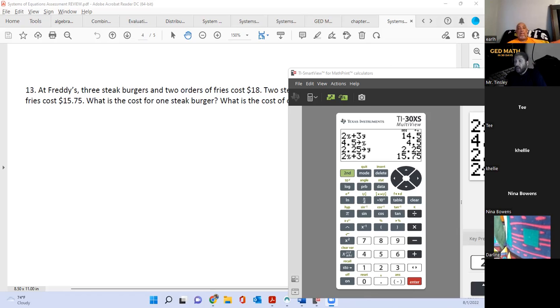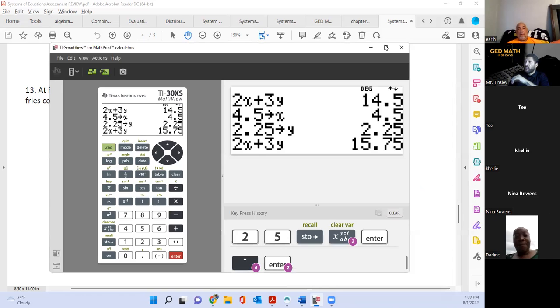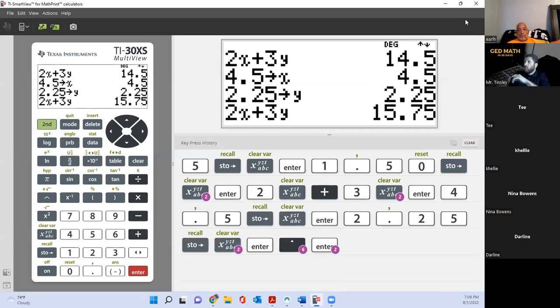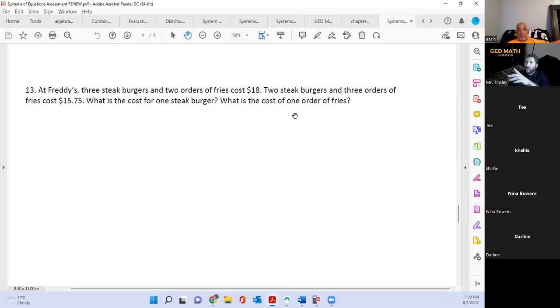So you can plug those values into each of those equations. But you have to identify your variables first. This will be how to solve this system of equations.